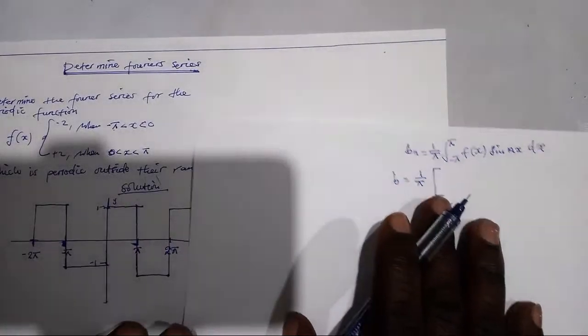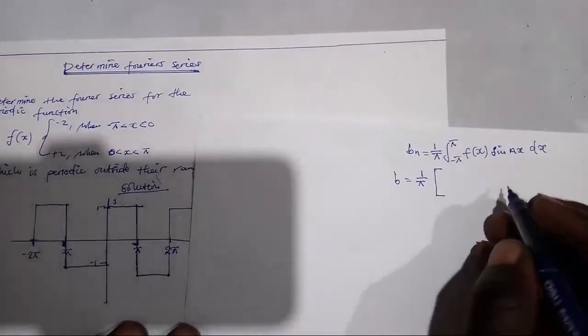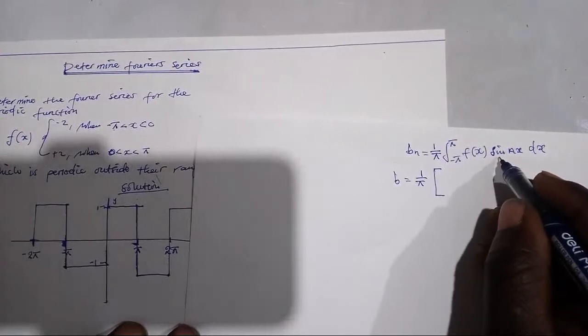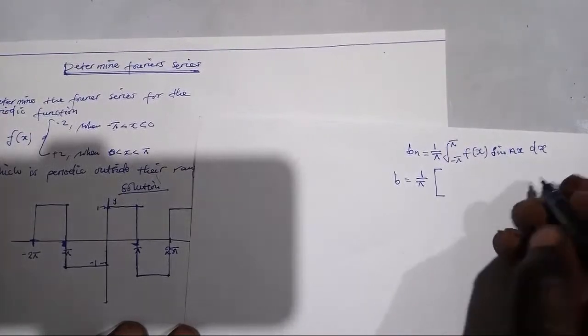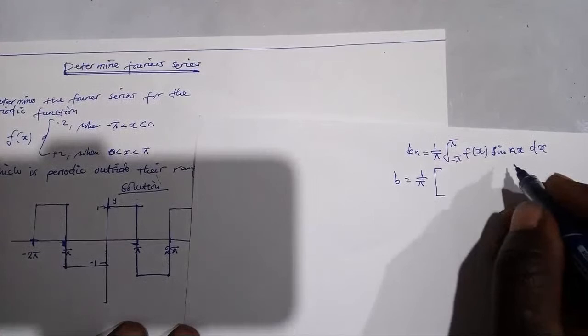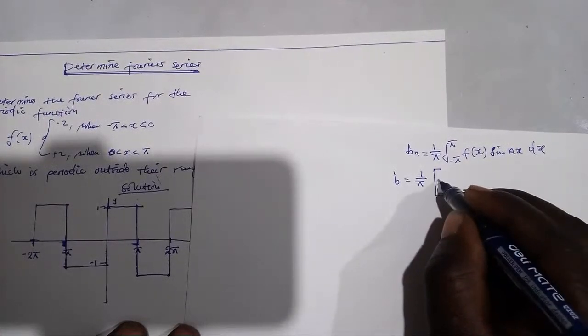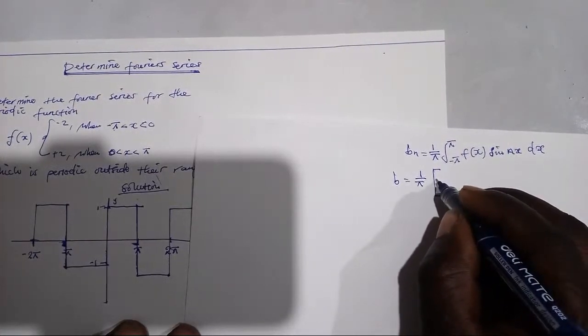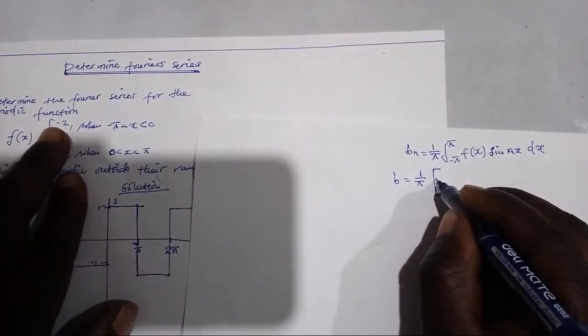Then when you integrate sine, you are going to have minus cos. Then here you are going to have minus the minus, which is already a 2.